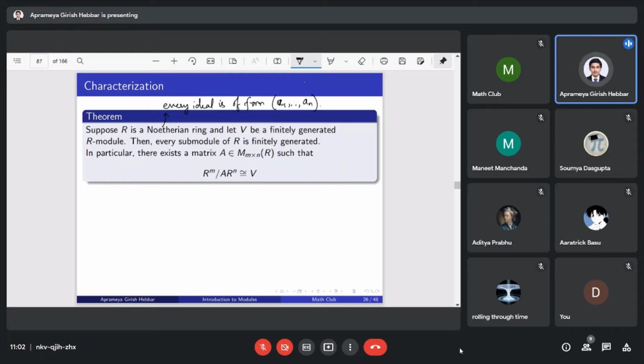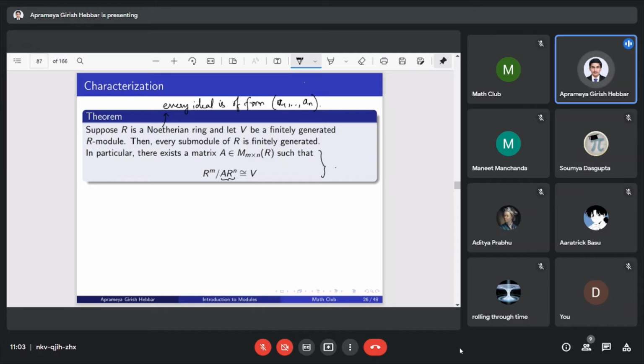So if R is a Noetherian ring, and V is any finitely generated R module, then every submodule will be finitely generated. In particular, you can convert this kernel phi into the image of some matrix A. We'll see the second part of the theorem later.